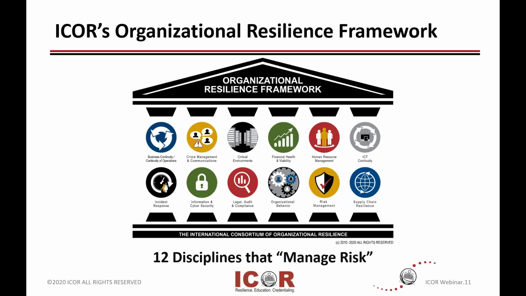But anyways, we went from really a focus on operational risk management or operational resilience, looking at the different ways that you can manage risk, to more of an organizational resilience model approach. But we still teach within those 12 disciplines, and these disciplines, as well as some others, are part of the assessment as well.